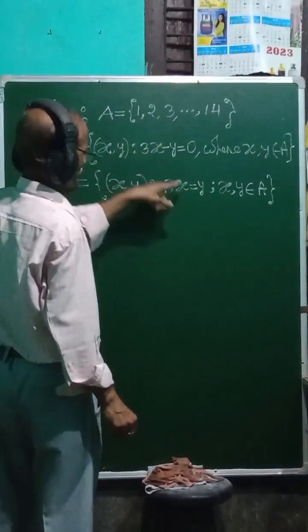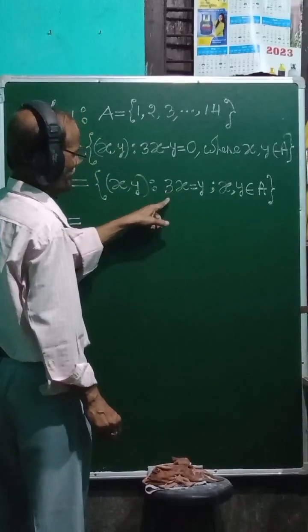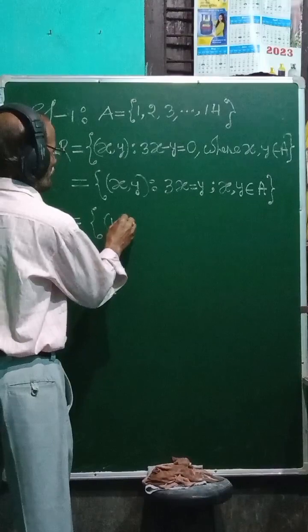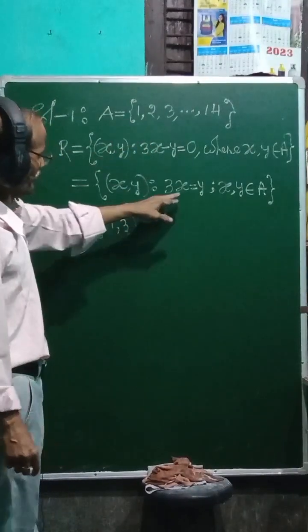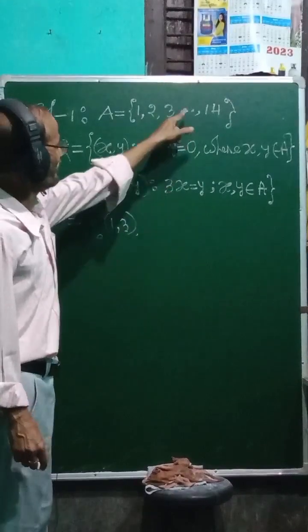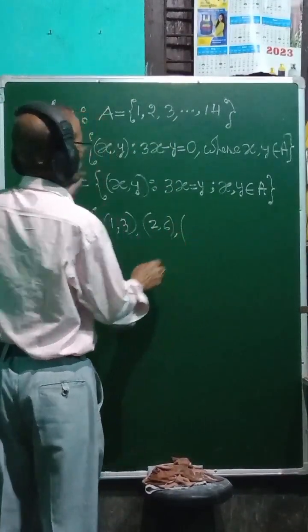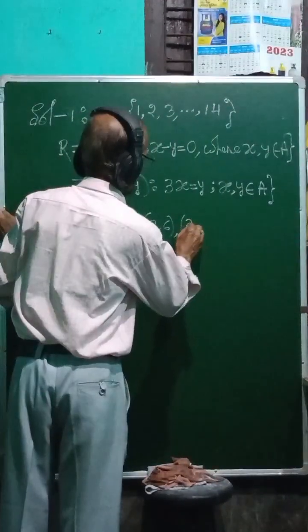So if you are taking x is equal to 1, then 1 into 3 is equal to 3, it is here. So 1 comma 3 is one element, and then 2. 2 into 3 is equal to 6, it is there. 2 comma 6, and then 3. 3 into 3 equal to 9, 9 also present.